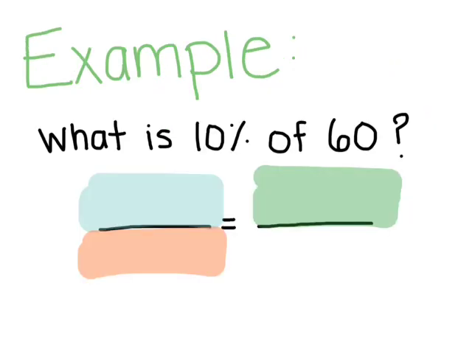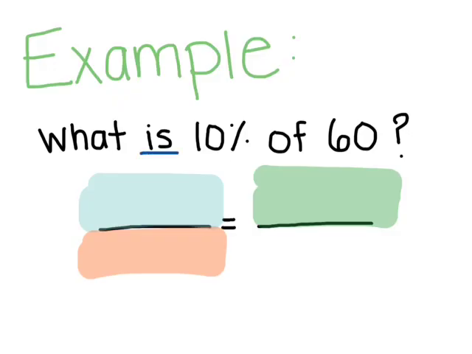Here's my example. What is 10% of 60? Who thinks they can set this up right? Okay, so what you should have gotten, you should have seen the keyword is.